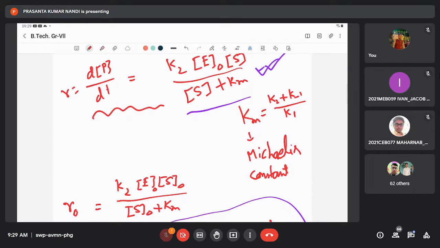And we attach this subscript to all these concentrations and enzyme like this.